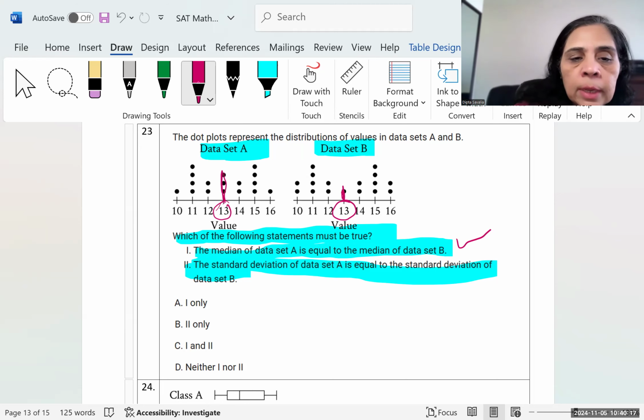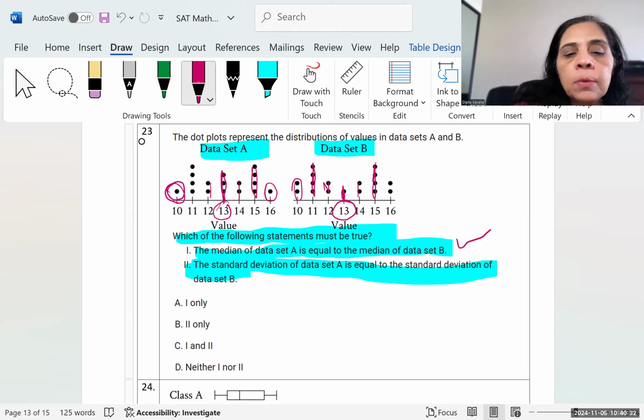Here we have two data right around this mean or median, then 4 and 4. Now here we have 1 data on both sides, but here we have 2 data. So the standard deviations are not the same. So only the median is equal.